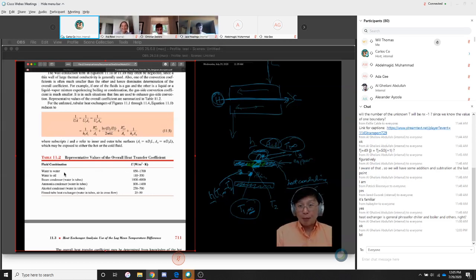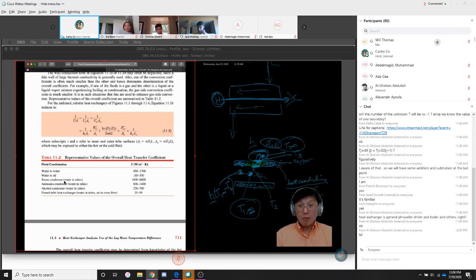Well, there you are. For example, if you're talking about a heat exchanger between hot water and cold water, two water streams, that's a typical value. This one here is an important one. A steam condenser: you have the water inside the tube and you have steam on the outside. Notice this can go up to 6,000. So remember what I mentioned to you, that if you want to transfer a lot of heat, it's always condensation by steam.